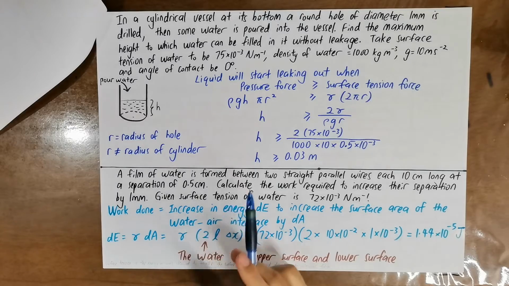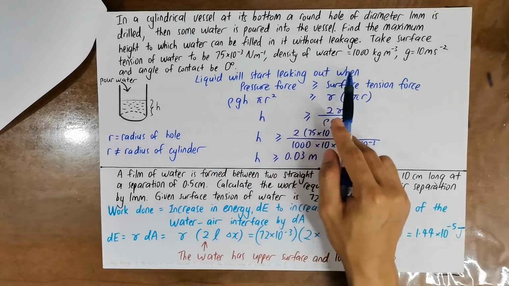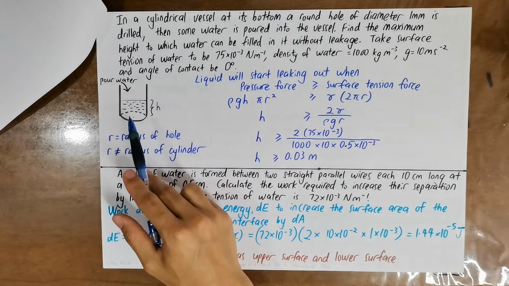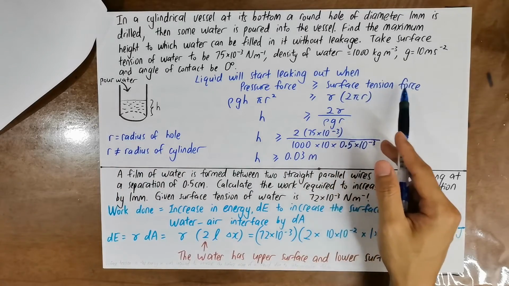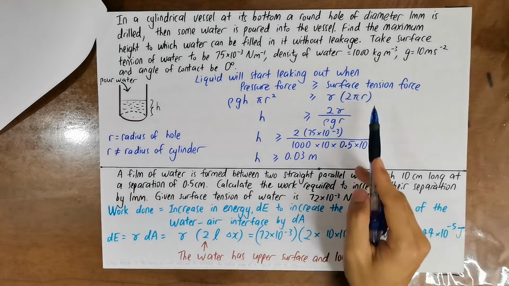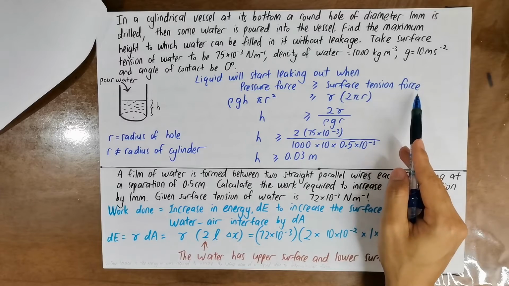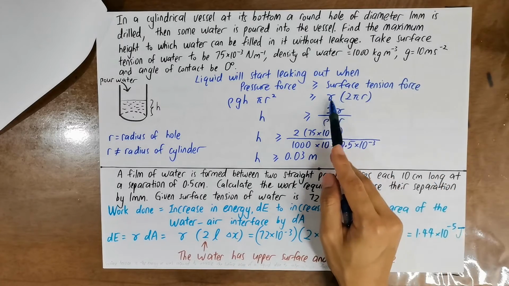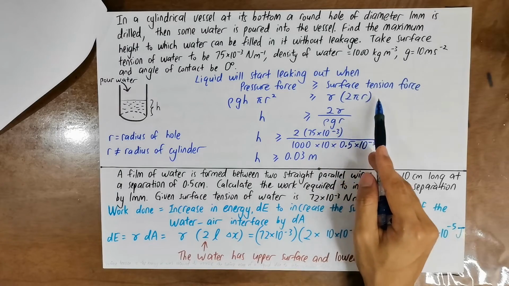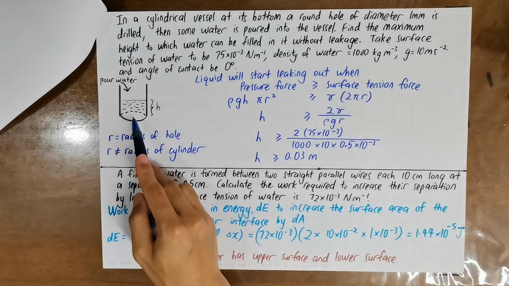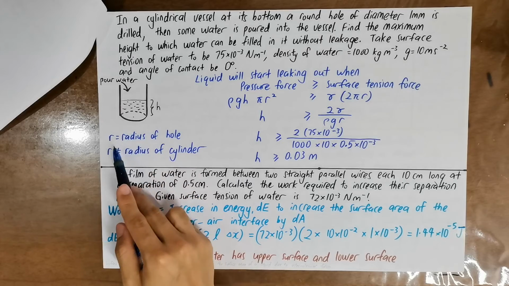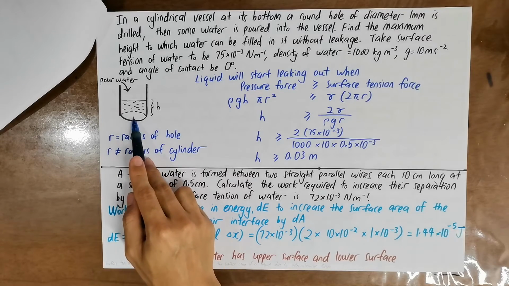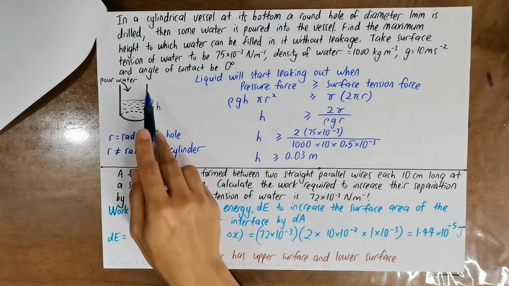The liquid will start leaking out when the pressure force is greater than or equal to the surface tension force. The surface tension force F_ST equals gamma L effective. L effective is the circumference of the tiny hole, so the radius is the radius of the tiny hole, not the radius of the whole cylinder.